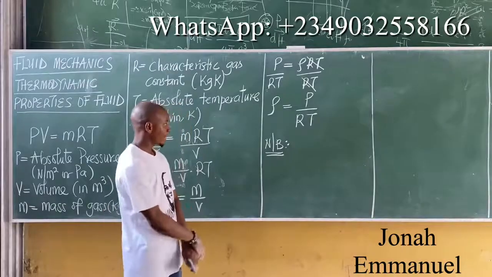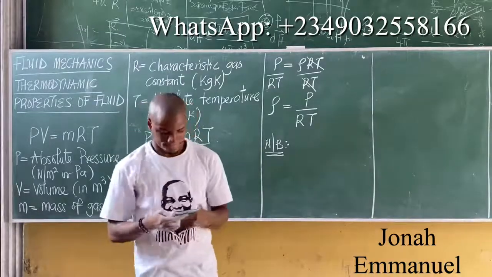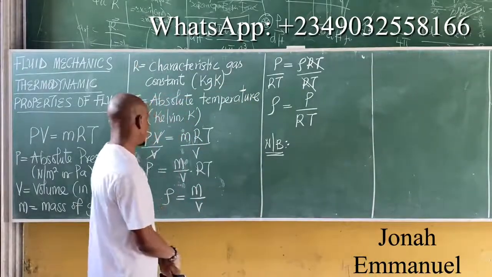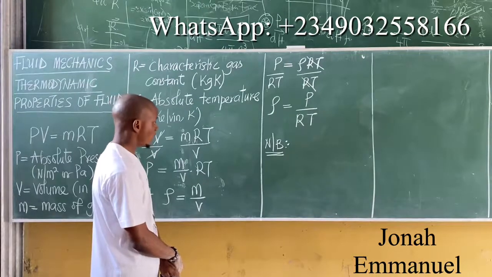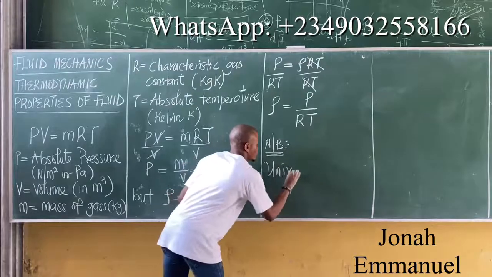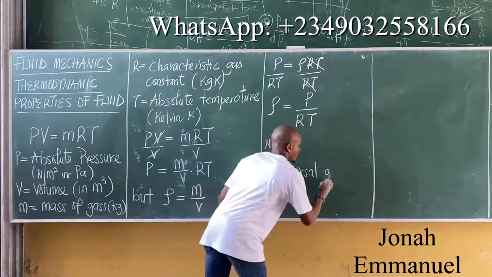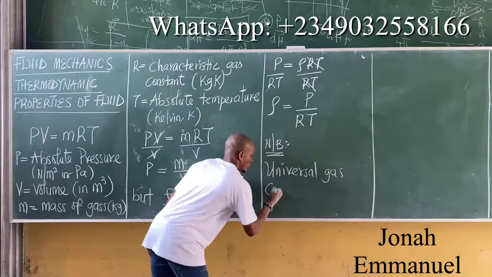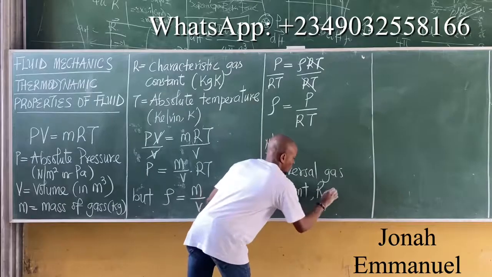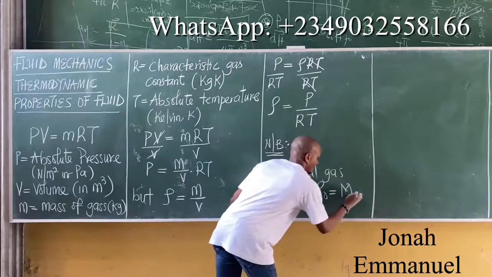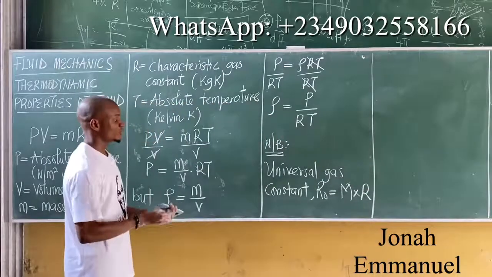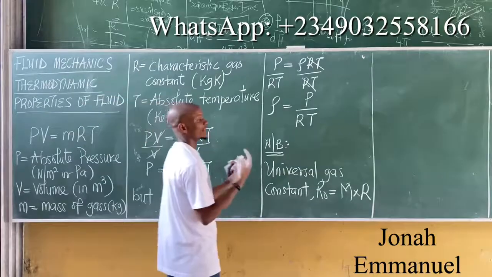Note that the universal gas constant, let's call this R naught, is equal to M times R. We said R is the characteristic gas constant.